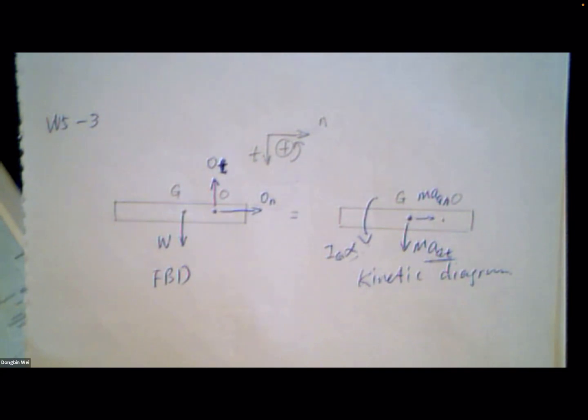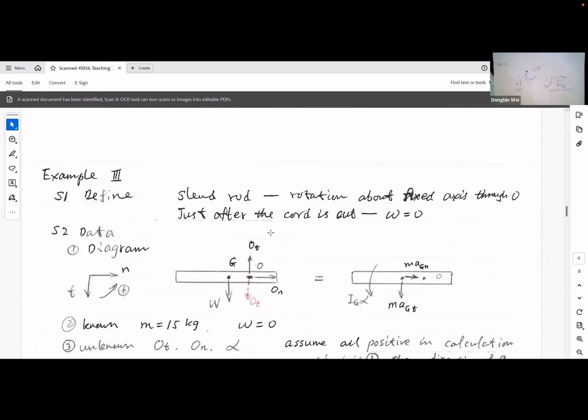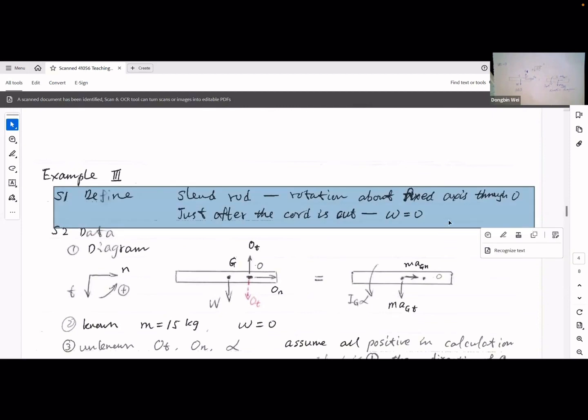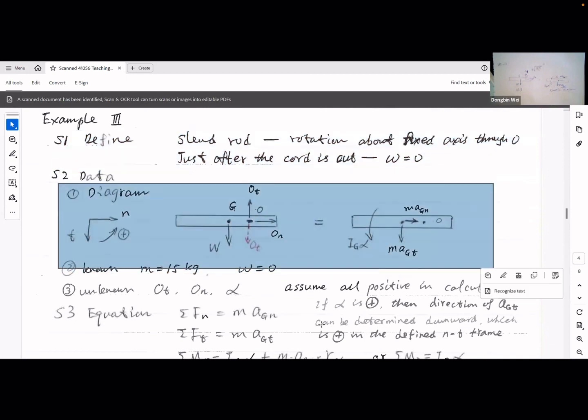Now, let's have a look at the solution. Again, we firstly can define this problem, and again, at this instant, when the cord is cut, omega at this instant must be 0. Okay. And we have already got our diagram.